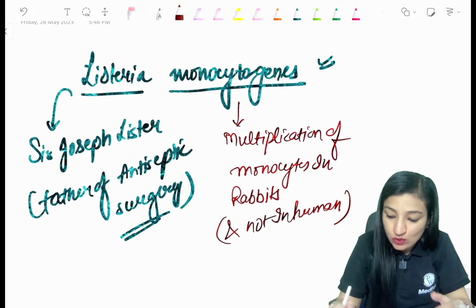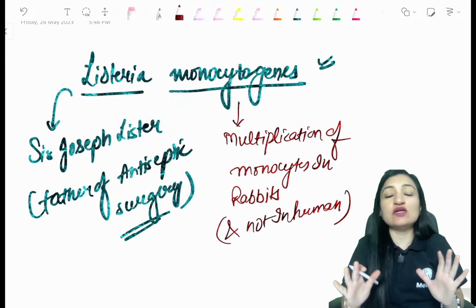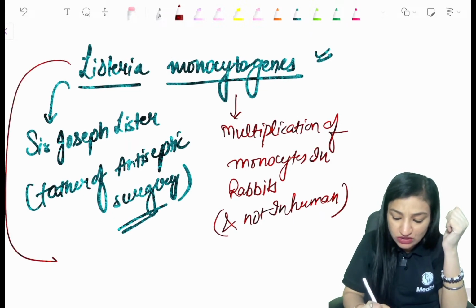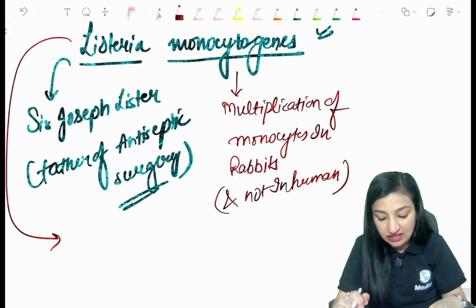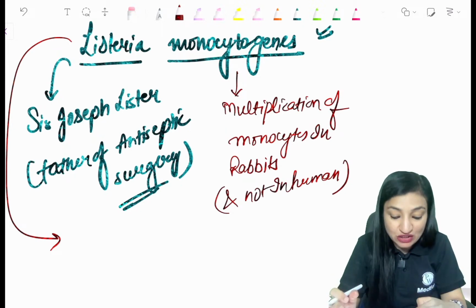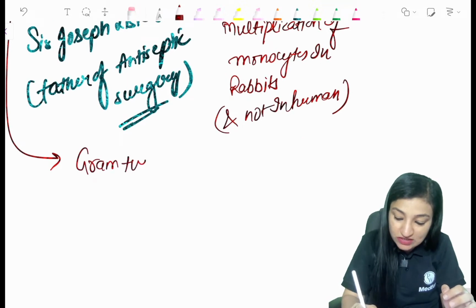Now, the most commonly used differential stain in any microbiology lab the world over is Gram stain. So, what is going to be the Gram reaction of this organism? Extremely important: this fellow is Gram positive.